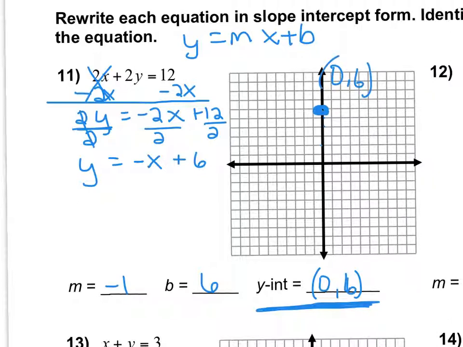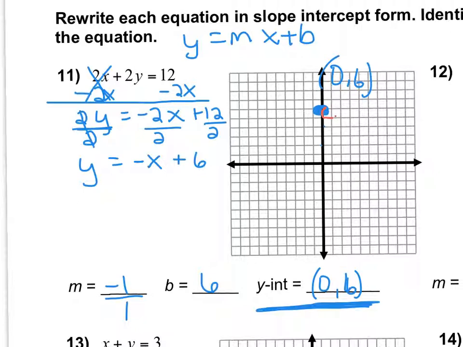And then we need to do 2 more points, and we have a slope. What is our slope? -1. If you have a whole number, what do you put under it? A 1. So I put a 1. So I have -1 over 1. So remember, if it's negative, you have to go down. So I'm going to start, and I'm going to go down 1, and then I go to the right 1.